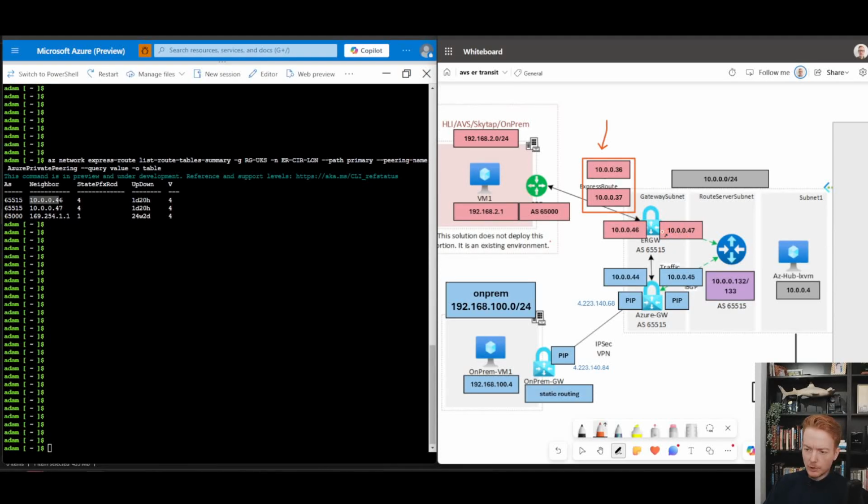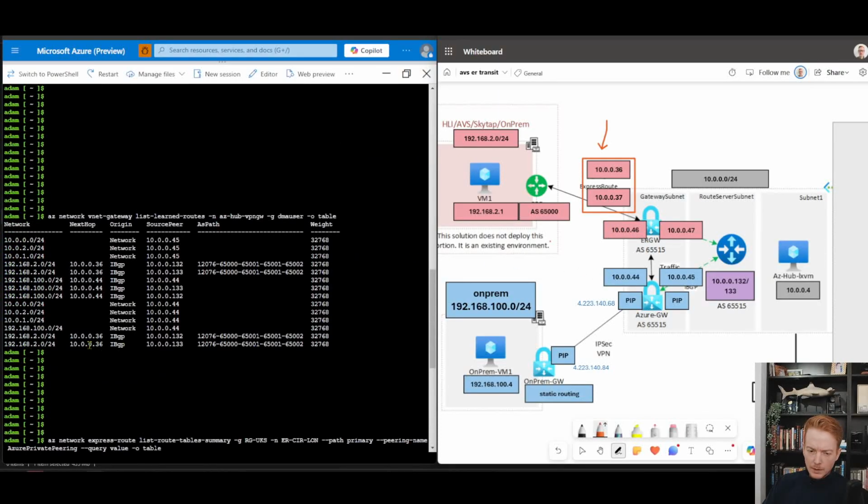You see now we've got 2 IP addresses on the gateway for ExpressRoute, 2 IP addresses on the VPN gateway. But remember earlier, the next hop address from the VPN gateway's perspective for ExpressRoute wasn't .46 and .47, it was .36. Why is that?